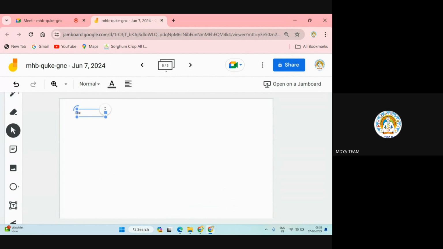Now, just imagine a situation, birds living on a tree, surviving on a tree. This question they usually ask in exam.